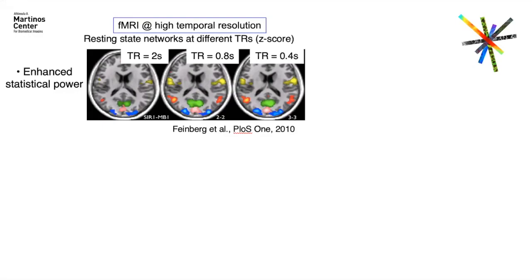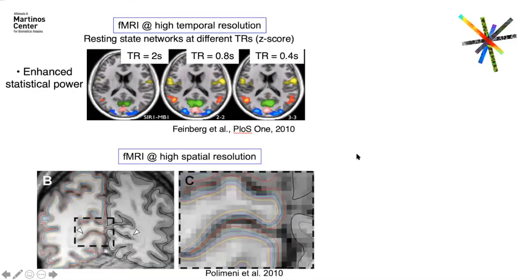For example, fMRI with higher temporal resolution can show more detailed information about the functional networks, or higher spatial resolution can give us the possibility to look at different layers within cortex once we get below 1 millimeter.